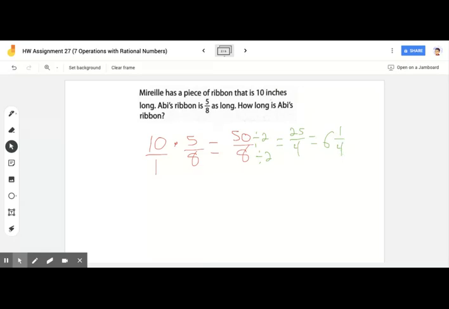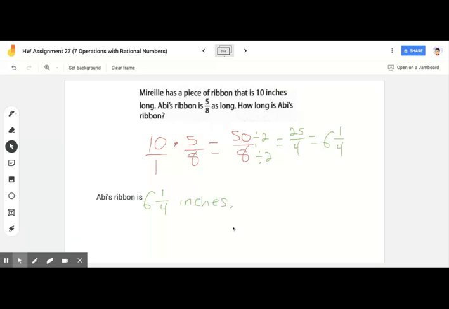So we will say, and I'll type this out instead of writing it, we could say that Abby's ribbon is 6 1/4 inches.